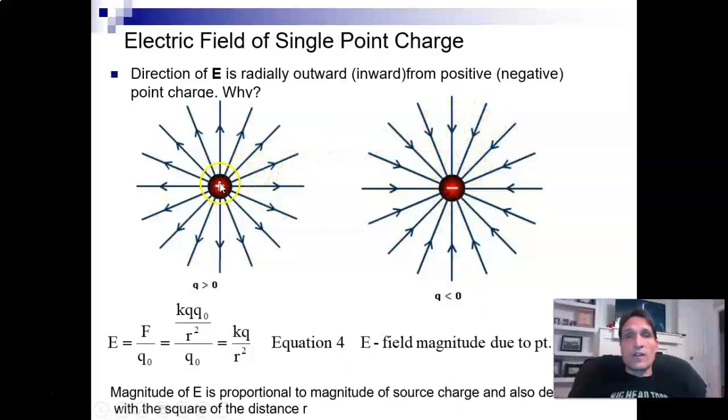If we have a positive source charge and we stick our little positive probe anywhere, it'll always be repelled. And so the electric field vectors always point away from positive charges, and the electric field lines always point toward negative source charges.